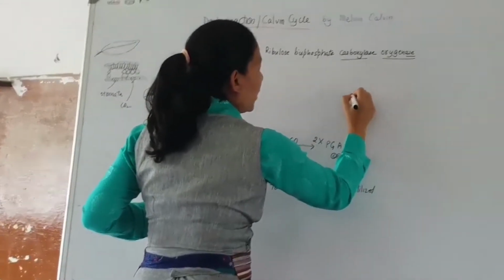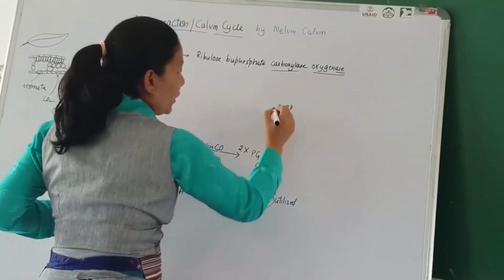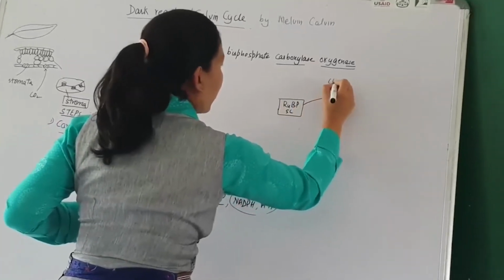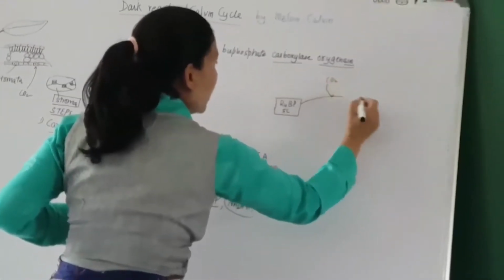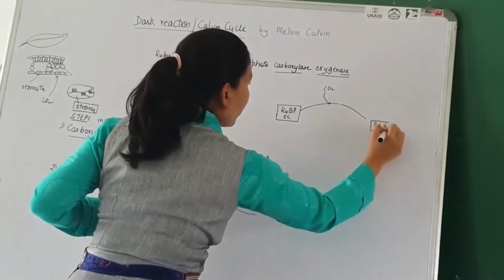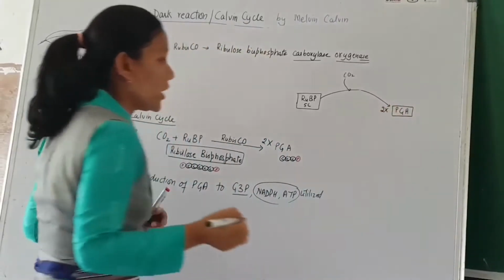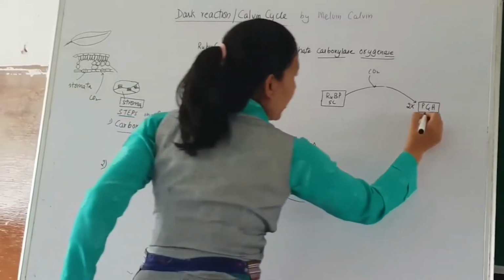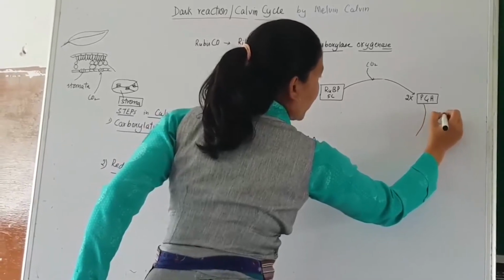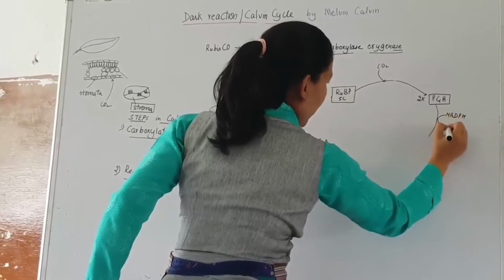So again, let us try to show you the cycle here. Let's say there is RuBP which has 5 carbons, and this RuBP accepts carbon dioxide from the atmosphere, leading to formation of PGA, phosphoglyceric acid. Again here, 2 times PGA, and this PGA will utilize the energy and reduce itself.